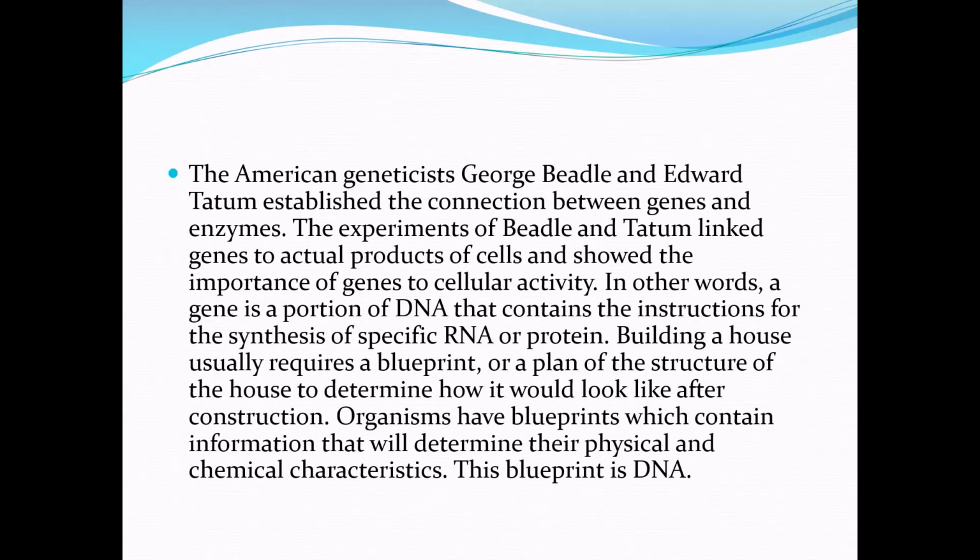The American geneticists George Beadle and Edward Tatum established the connection between genes and enzymes. Their experiment used genes to handle products of cells and showed the importance of genes in cellular activity.